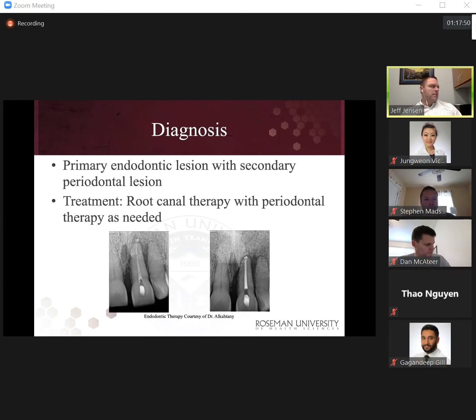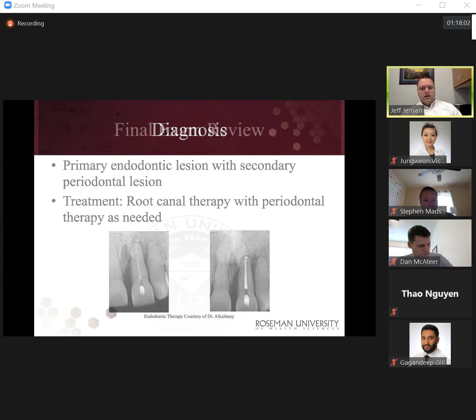The treatment was they did a root canal on number 9, and then she did some flap surgery and some cleaning afterwards. They got a pretty good result, and he kept that tooth until we left residency. I don't know where it's at now. Hopefully it's still in his mouth.